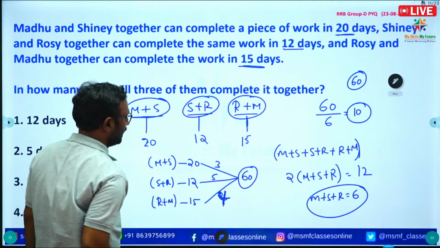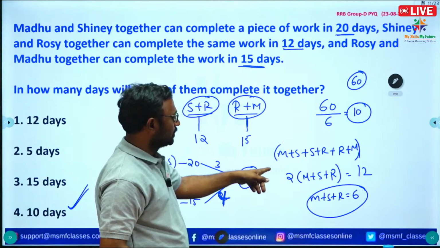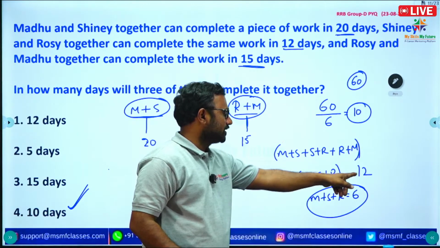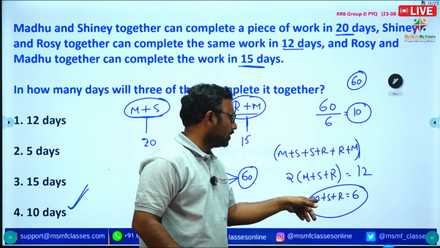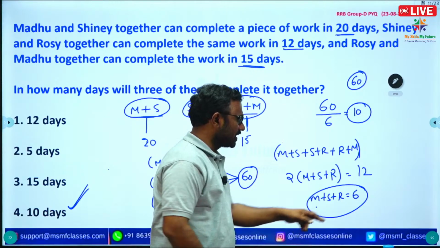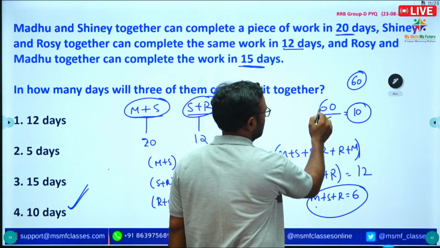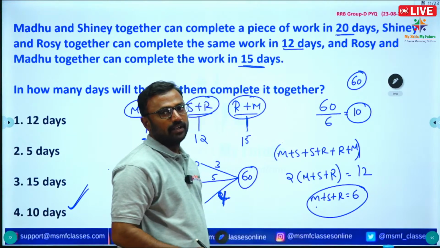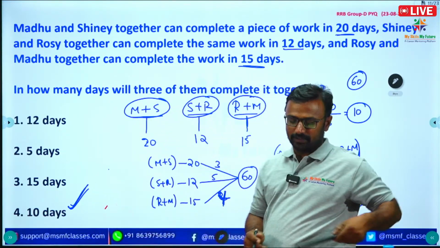Taking 2 common, 12 units of work are completed by 2 persons, so Madhu, Sinhe and Roshi complete 6 units of work in a day. 60 divided by 6 gives 10 days. Option 4 is correct. Next question.